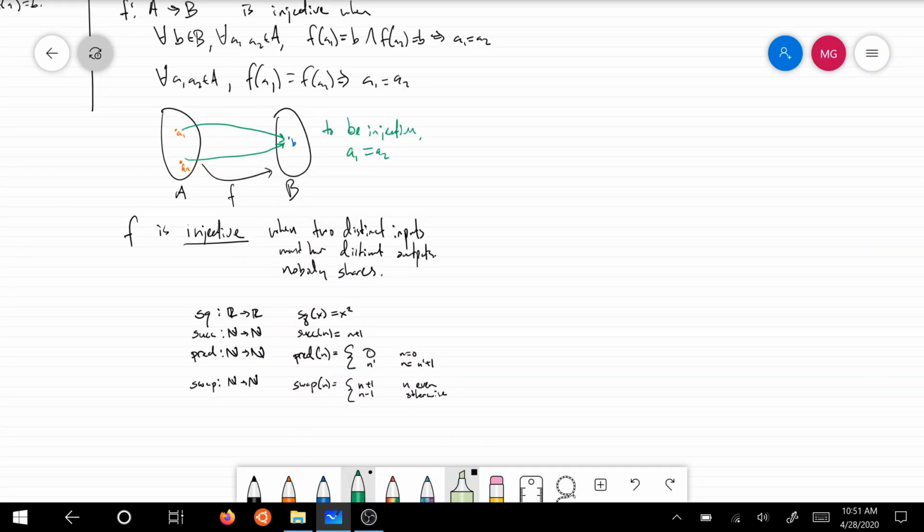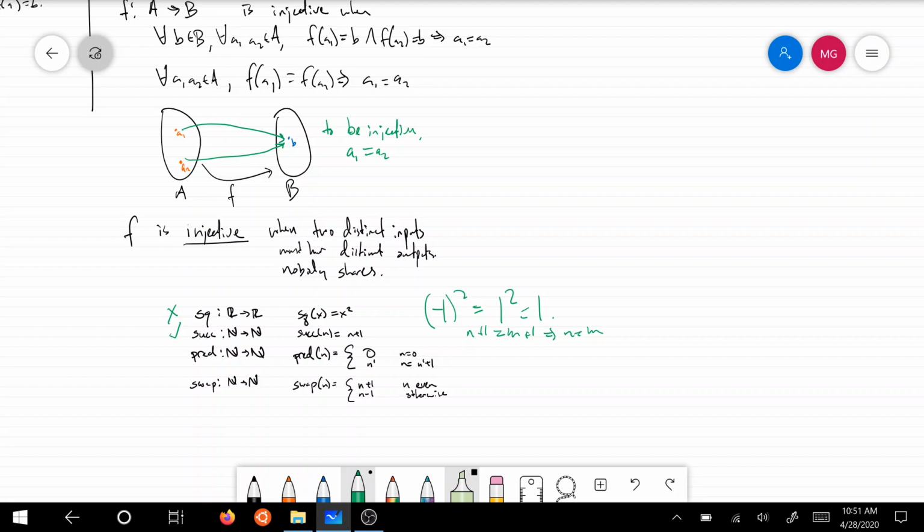To be injective, it means there can't be two things that hit the same thing. But look, -1 squared equals 1 squared equals 1. So this one is not injective. Successor. Is successor injective? Yeah, it's always going to be 1 greater, so that's the only way to get it. Yes, right? N plus 1 equals m plus 1 implies n equals m.